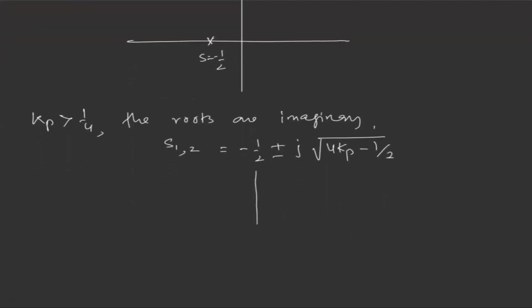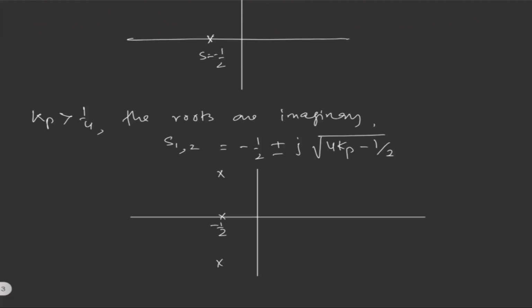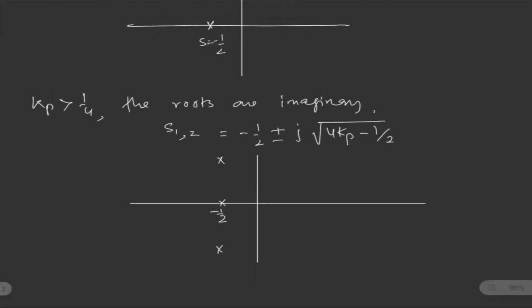So let me draw in the S-plane how these poles evolve. Here the real part is -half, and there are two complex conjugate parts of these poles. One is here, another one is here. So here, this is root over 4 Kp minus 1 by 2, and this is another part, root over 4 Kp minus 1 by 2, negative.